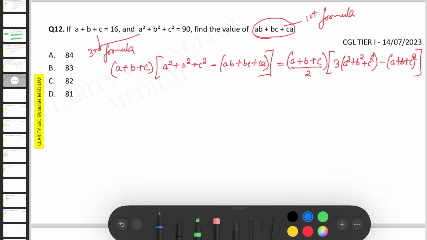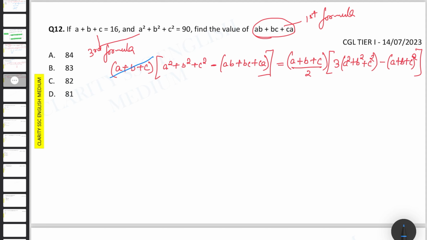So we can just put the numbers here. We can cancel this a plus b plus c. This one is 90. We are going to find the value of ab plus bc plus ca, and this one is 1 by 2 into 3 into 90 minus 16 square.